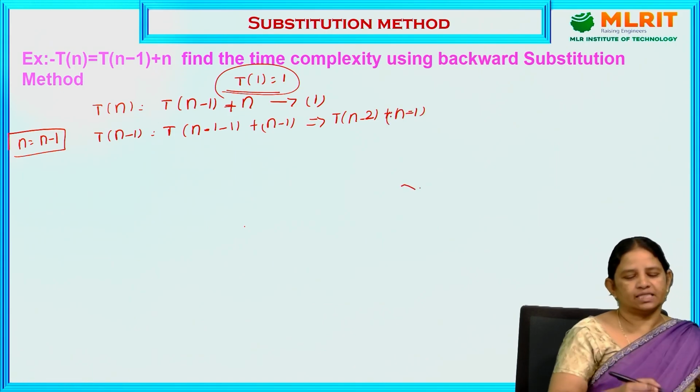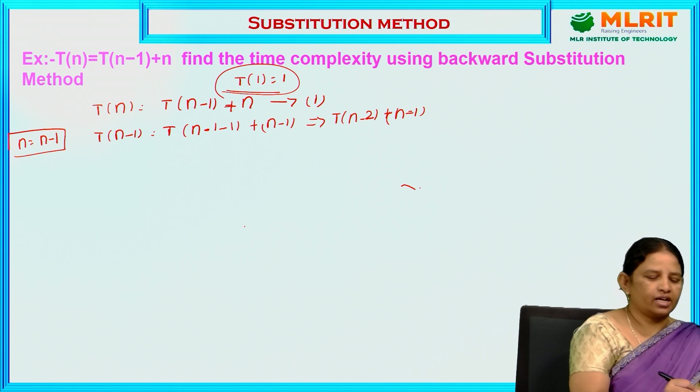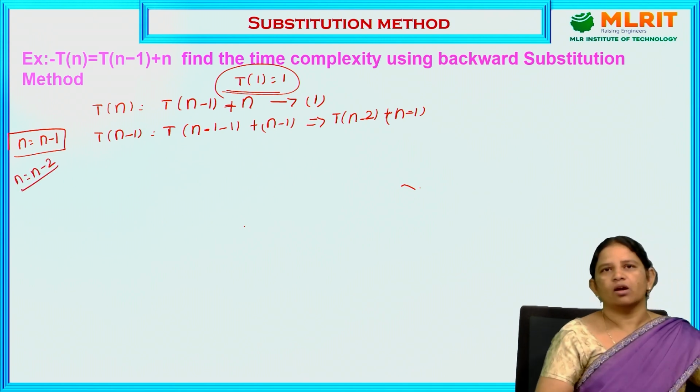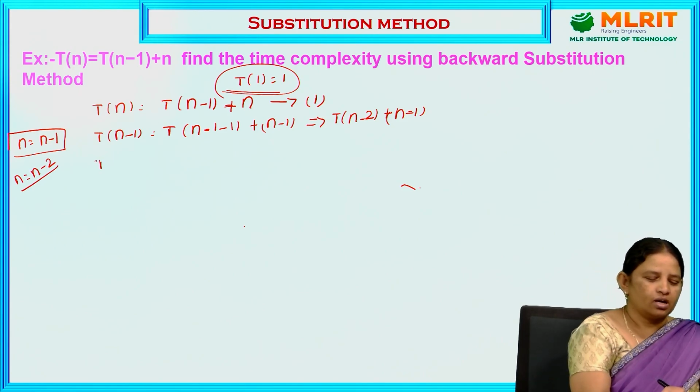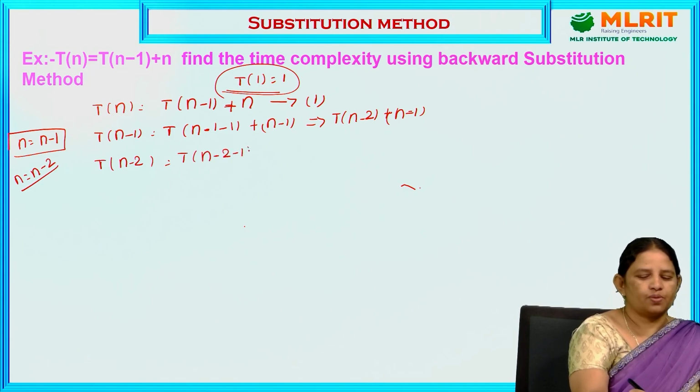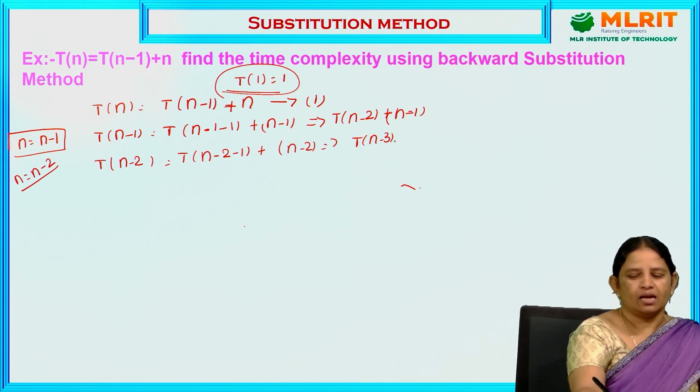Then we will find n equal to n minus 2. In the place of n, we substitute n minus 2 in equation number 1. T of n minus 2 equal to T of n minus 2 minus 1 plus n minus 2, that is equal to T of n minus 3 plus n minus 2.